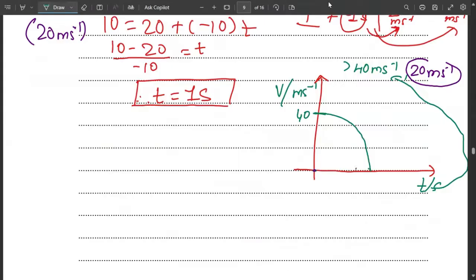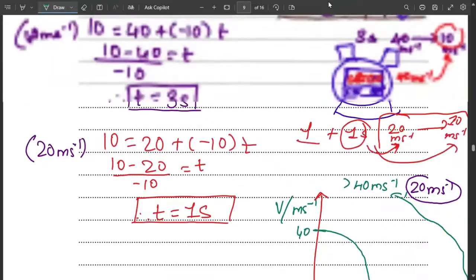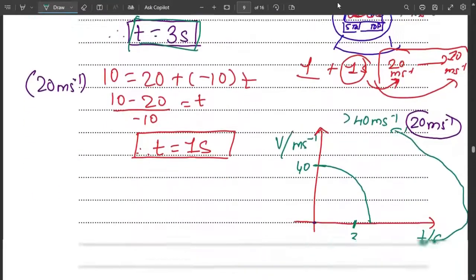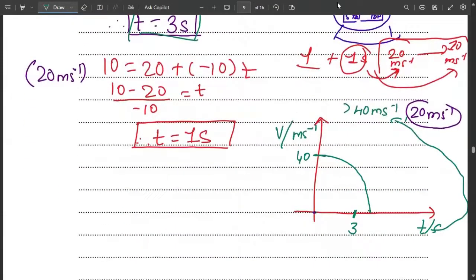And let's assume this is time 3 seconds. What we found out was that in 3 seconds, the 40 meter per second particle goes from 40 to 10. So if this is 30, let me draw it to scale.